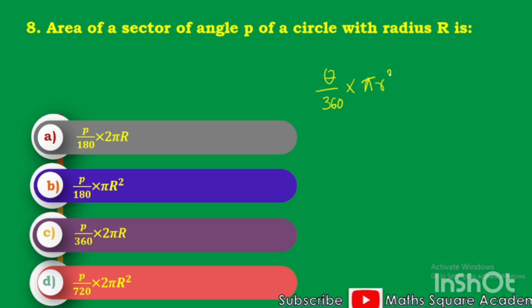So it should be pi r square, maybe the second option or the fourth. Here 180 is there, so that is not the right option. You can see the 2 can divide and you get 360. Therefore option number D is the right answer.